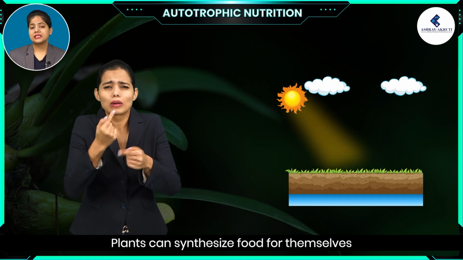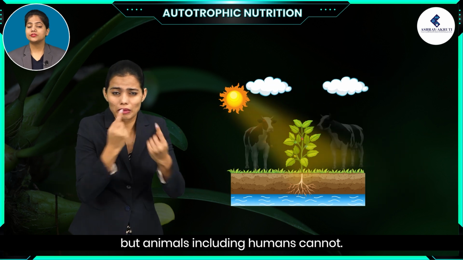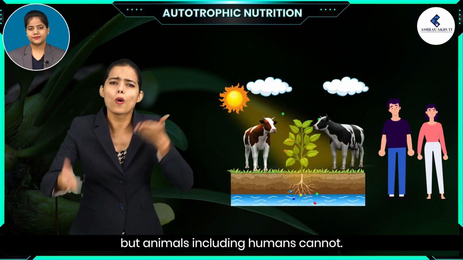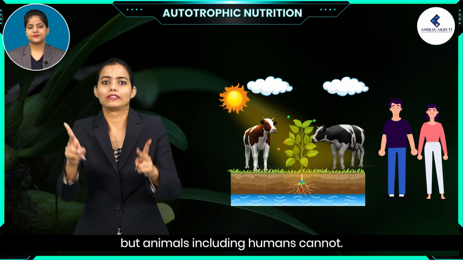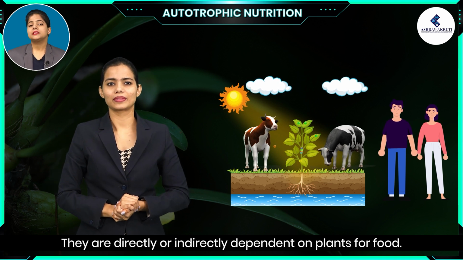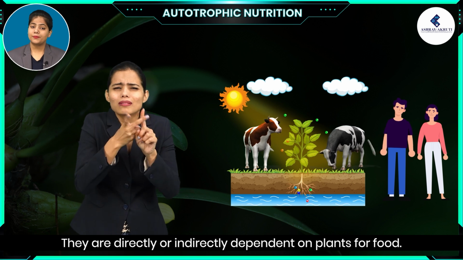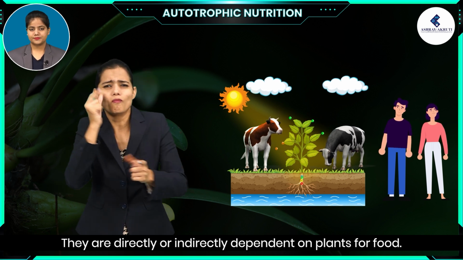Plants can synthesize food for themselves, but animals including humans cannot. They are directly or indirectly dependent on plants for food.